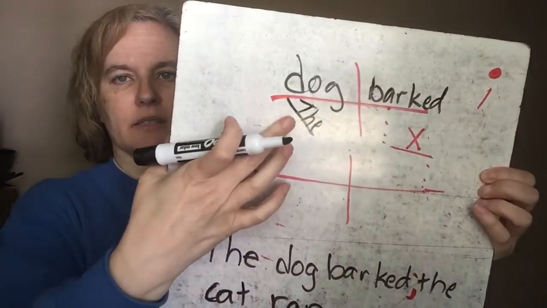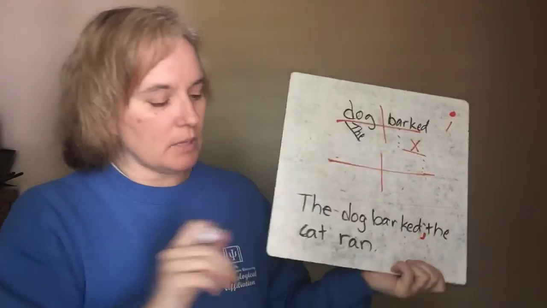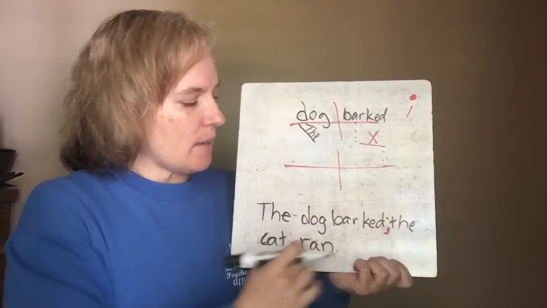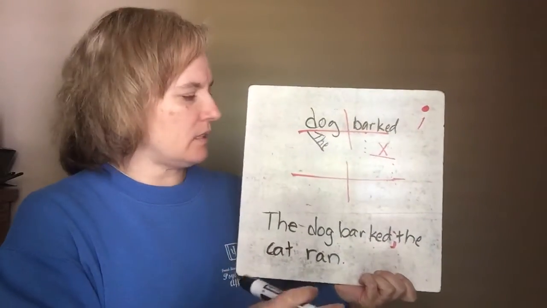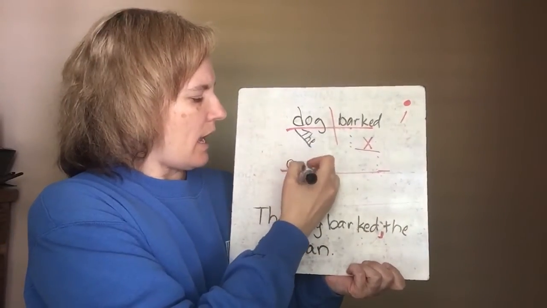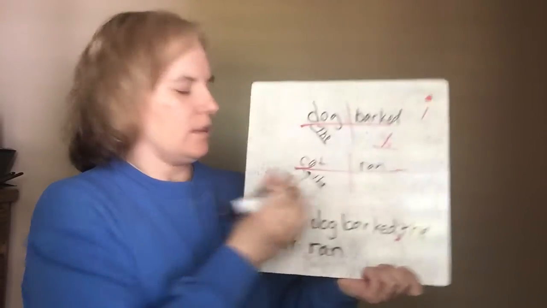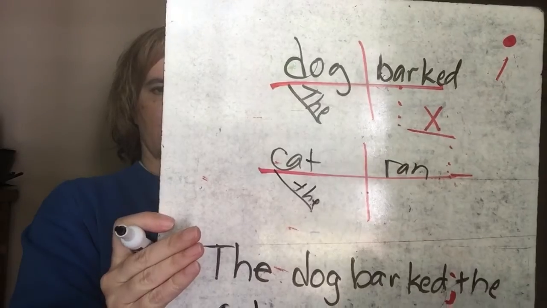That one's capitalized because that's the first letter of the sentence. That's going to be our only capital because there are no proper nouns. And this is not a separate sentence. It's connected by the semicolon. Cat ran the. Just like that.